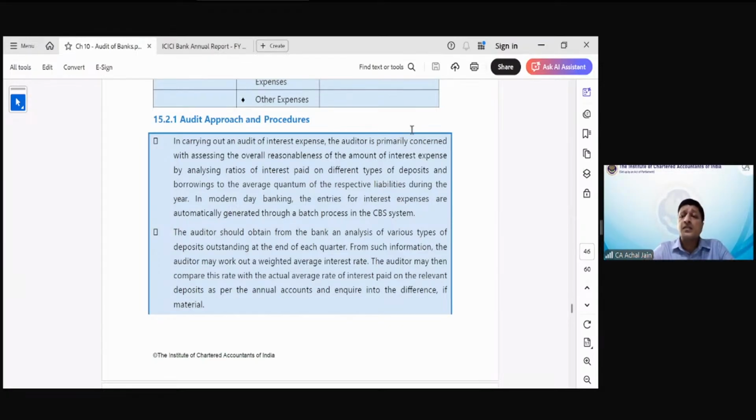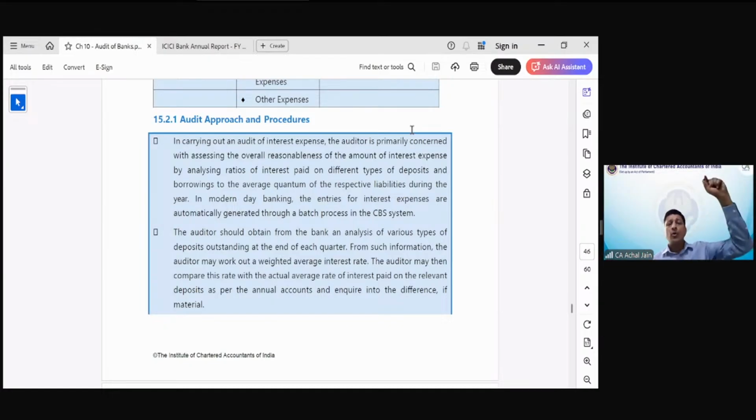See, for the interest expense, what should be the biggest worry for the auditor? Completeness. Correct? To ensure that the expense has been recorded completely. And how will that completeness be ensured?